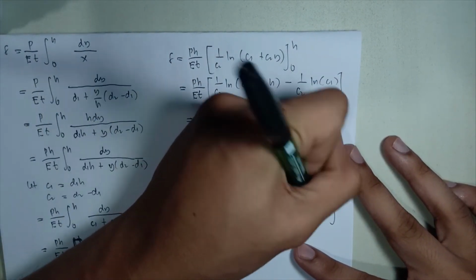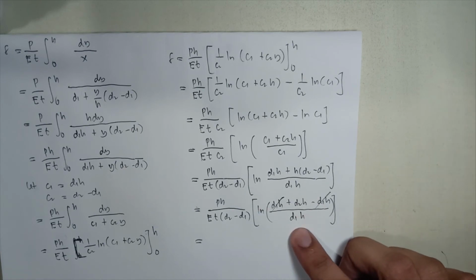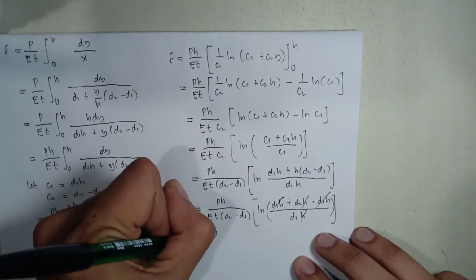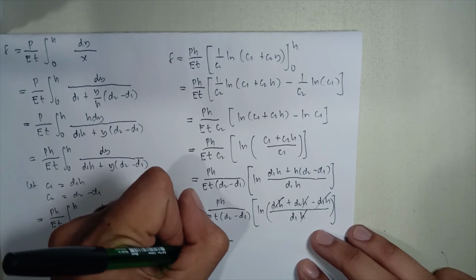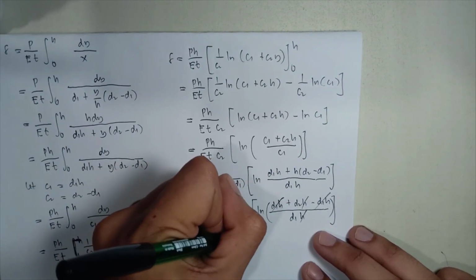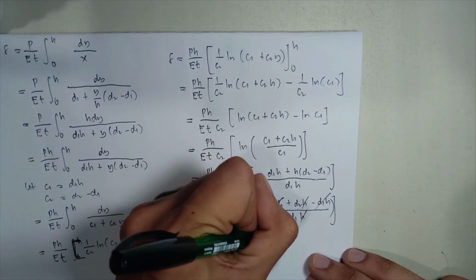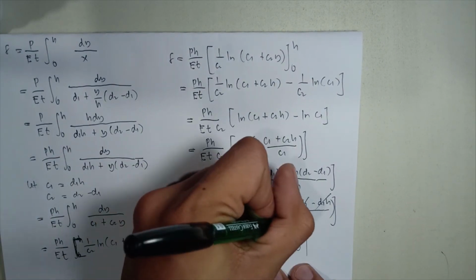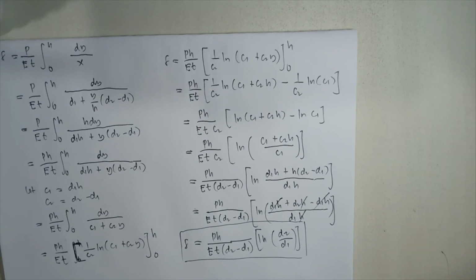Cancel dito, no? So, may iwan is d2h all over d1h. So, cancel ulit yung h. So, yung final answer na natin is PH over E times t times (d2 minus d1) times yung ln d2 over d1. So, ito na yung pinaka-final answer. Ito na yung relative displacement of the material from one end to the other end.